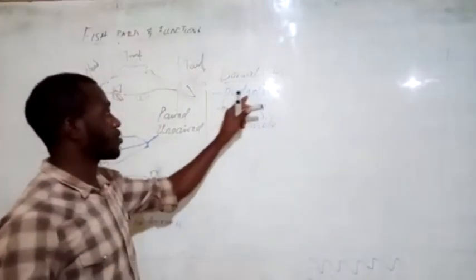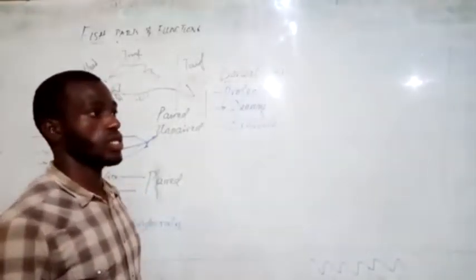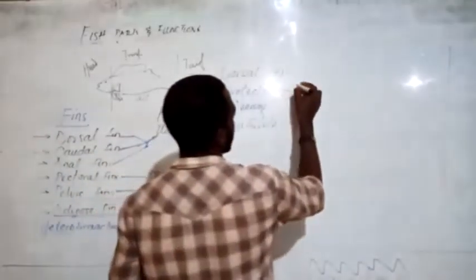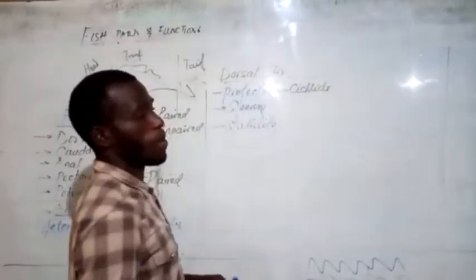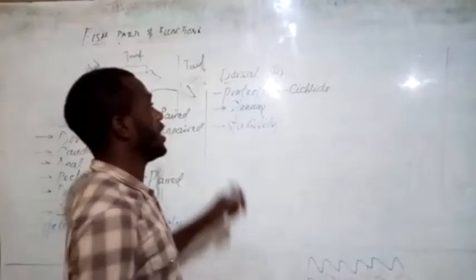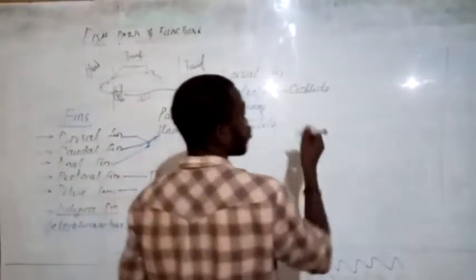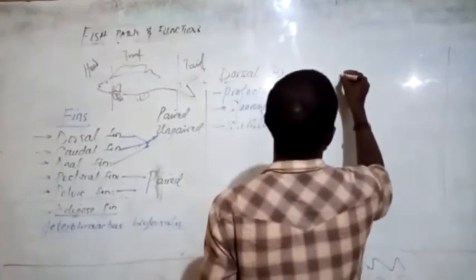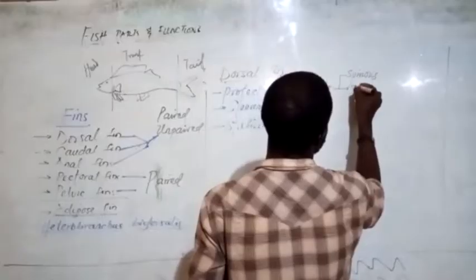Now, for protection, it is very common in fishes such as cichlids, where they usually have a dorsal fin that comes in two forms, which are spinous and rayed.